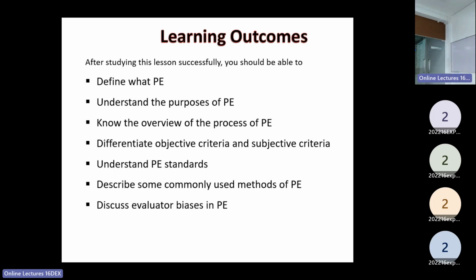What is performance? What is usually meant by performance? We are talking about employee performance. Performance is everywhere. We can also talk about academic performance.